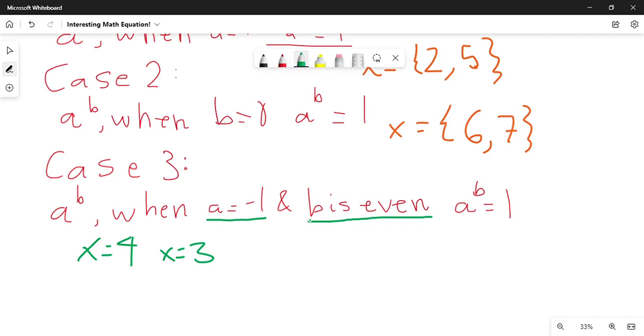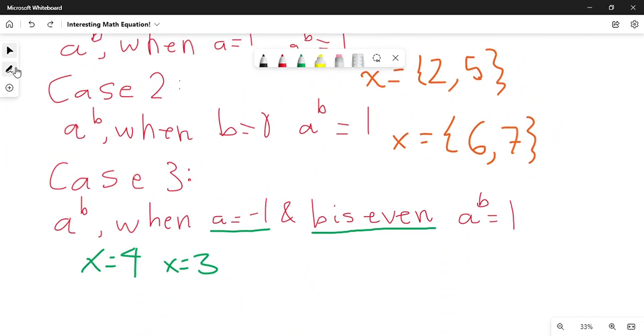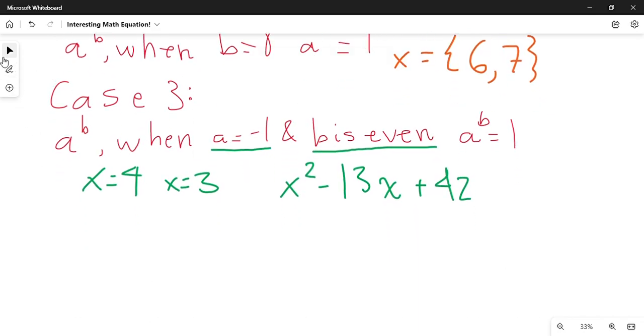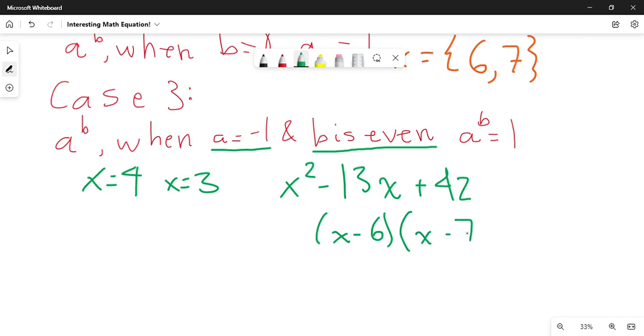We know that b in this case is x squared minus 13x plus 42, which we can factor again as x minus 6 times x minus 7. Now we want to make sure b is even.